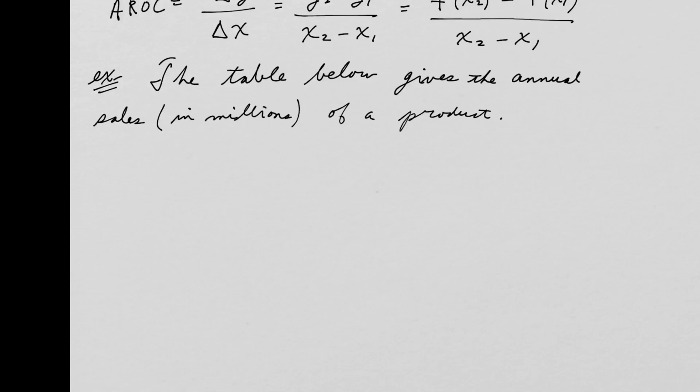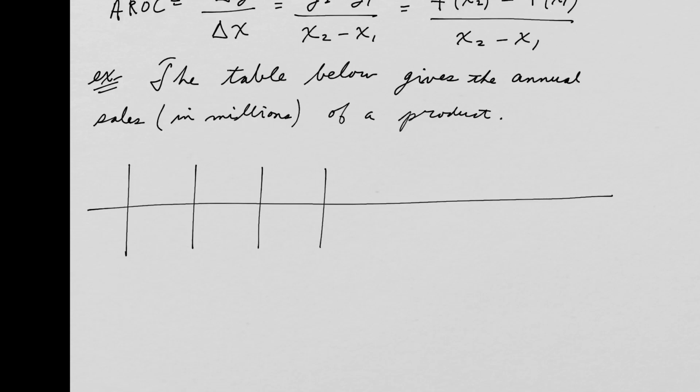So here's the table. The first row is, let's say, the year, and the second row is the sales.